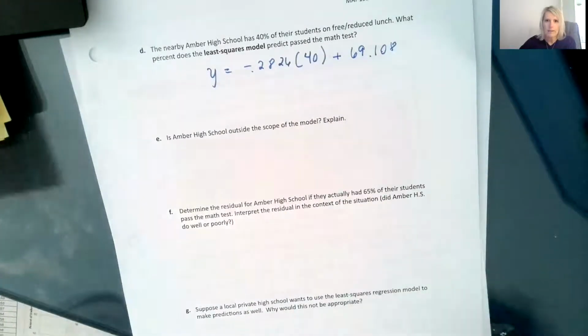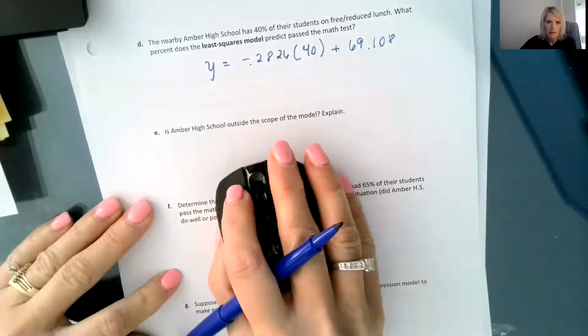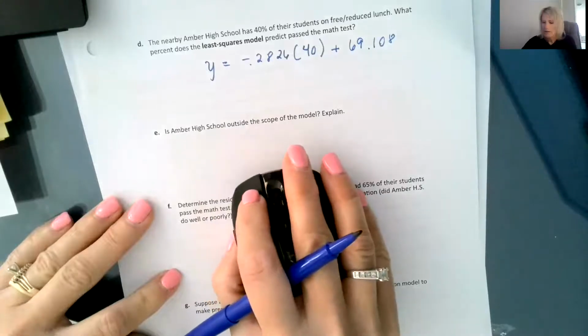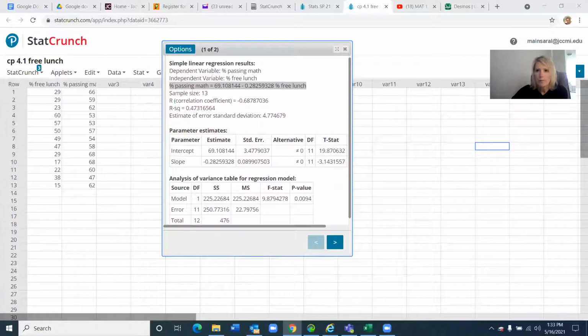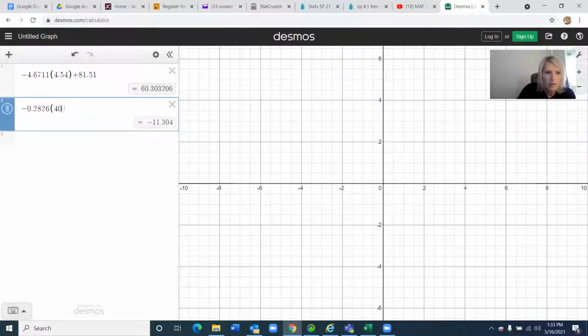And we can put that in Desmos. Negative 0.2826 times 40 plus 69.108 is equal to 57.804 percent passing math.